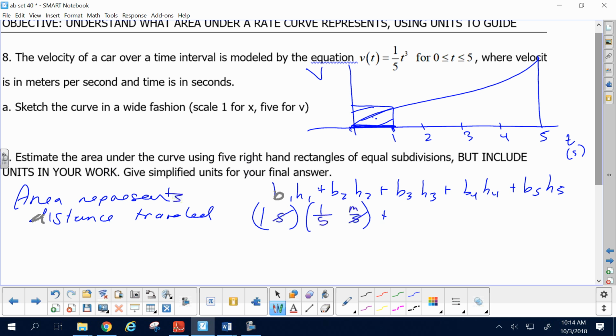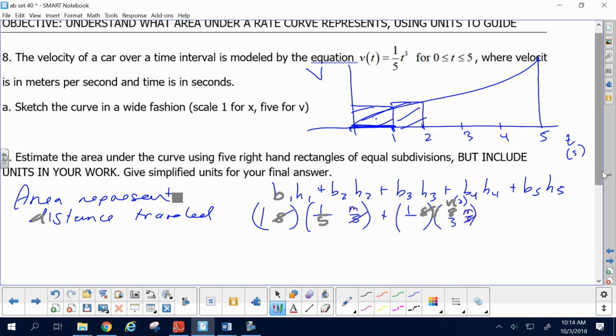The next, when I say it's another 1 second interval, and I look at height 2, that's velocity at 2, yeah? Velocity at 2 is 8/5 meters per second. So when I do that second rectangle here, that's not just some worthless rectangle. That represents or is estimating how far he went, or she went, or the car went. In the second second, it went about 1 1/5 meters.